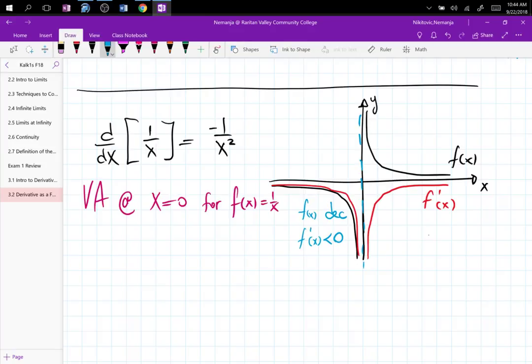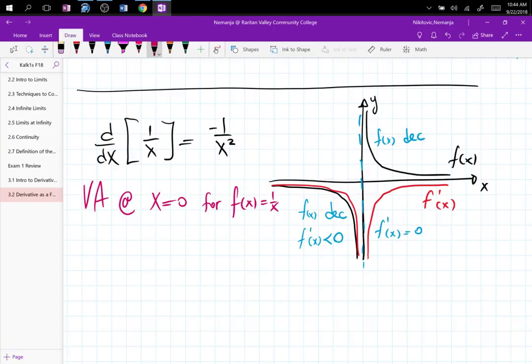While on the other side, your black function f of x is still decreasing, right? 1 over x is decreasing all the time. So your derivative is still negative, meaning below 0.